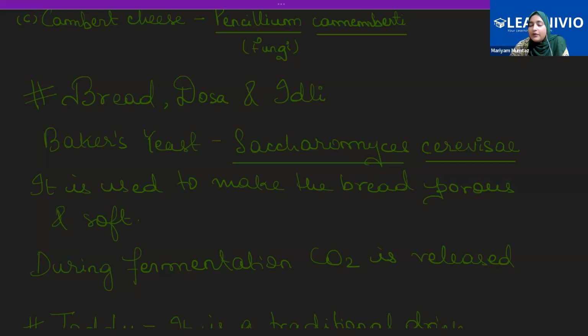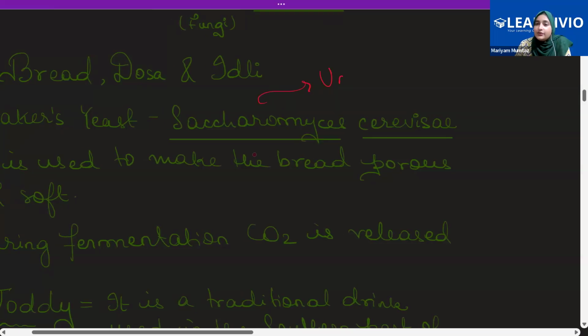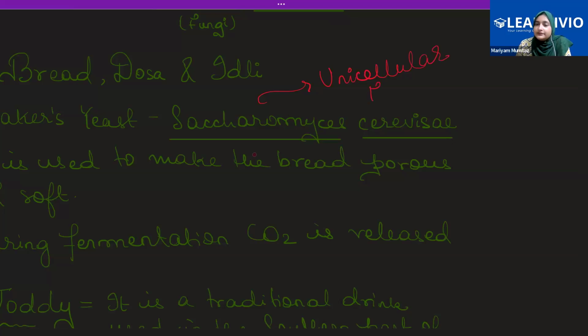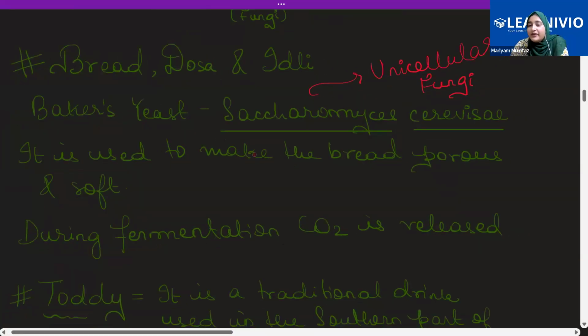The fluffing up, or the fermentation process, is happening because of yeast, which is a unicellular fungus. Baker's yeast, called Saccharomyces cerevisiae, is a unicellular fungus. So the baker's yeast is added and it makes the bread porous.